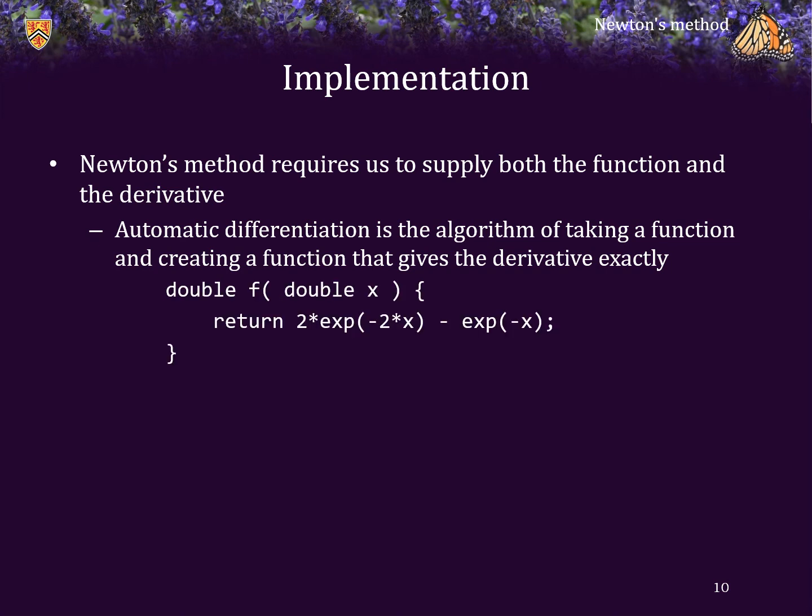So, for example, in C++, if you gave such an automatic differentiation algorithm the following function, it knows how to apply the rules of differentiation to what is being returned. So it says, okay, the derivative of a difference is the difference of the derivatives.